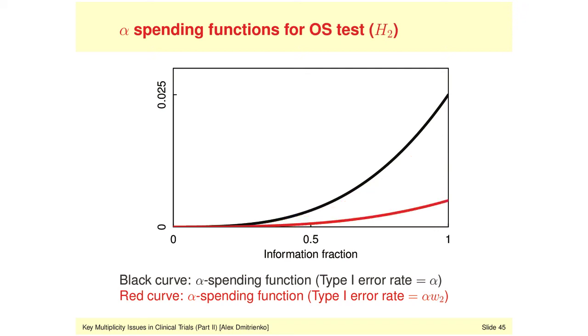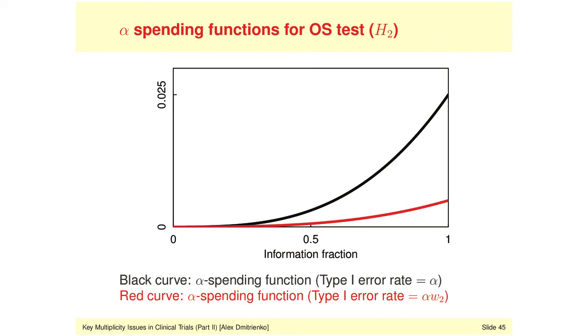The same logic will be applied to compute the adjusted significance levels for the hypothesis H2, that is for assessing the overall survival effect at the interim or at the final analysis. Just like in the figure I presented on slide 44, here we see two curves. The black curve defines the standard alpha spending function that will be applied when the Holm procedure carries out the test for H2 at the full alpha level.